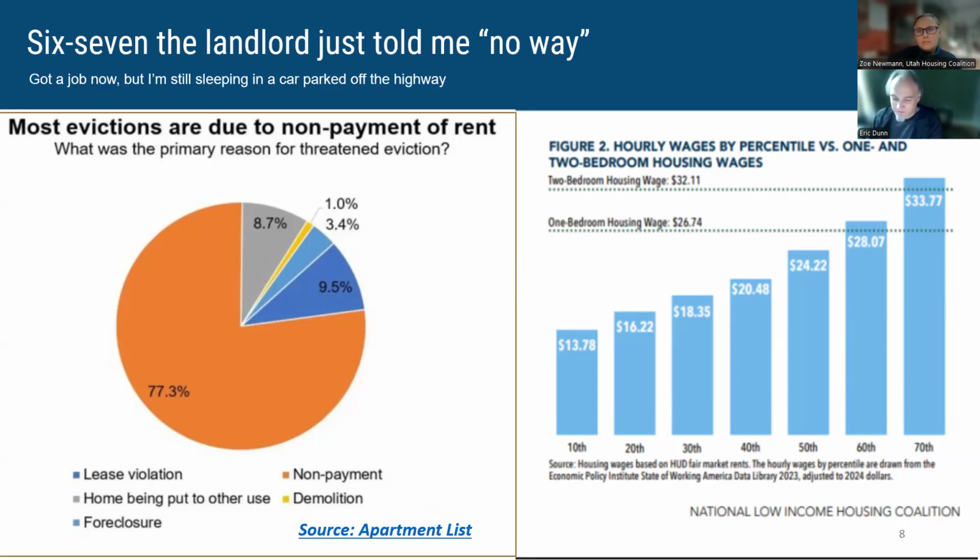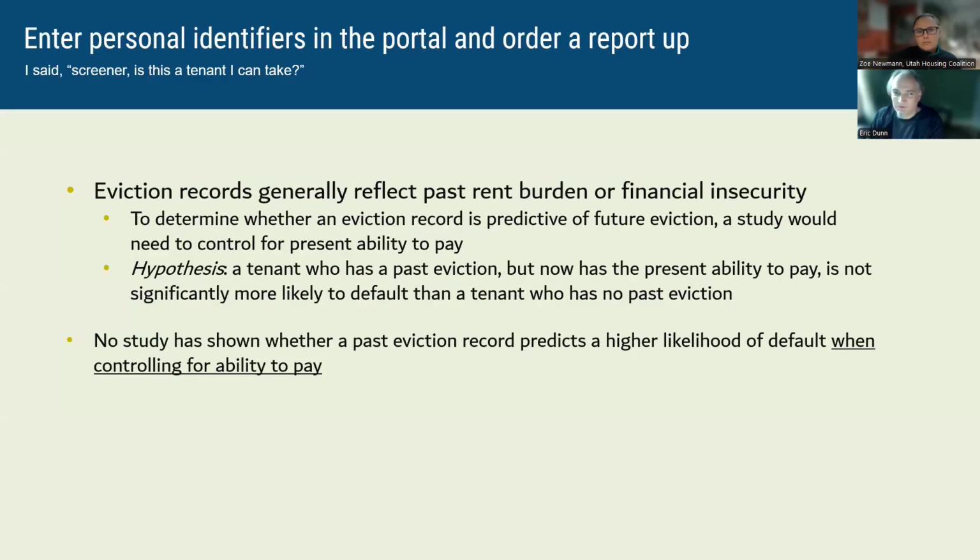And so what that means is that some percentage of tenants are going to be rent burdened, meaning that they're going to be paying more than the recommended 30% of their incomes just toward their housing costs, which also includes things like utilities. So when people have rent burden, then they're more vulnerable to facing eviction if they have an income disruption, if they have some kind of unanticipated expense.